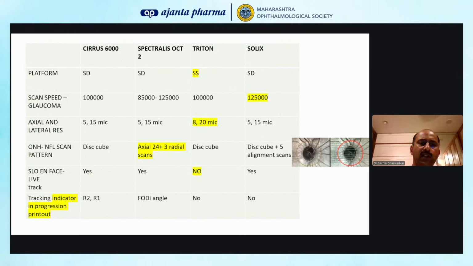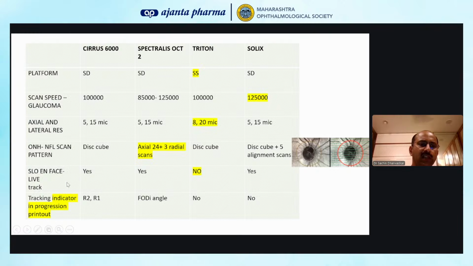It's completely different technology as compared to the other three. And some of the technologies give you en face images for localization purposes, which is not there in the swept source OCT. So there are various different technical things which ultimately have a big bearing on what we get as the end result and how we use that in clinical practice.